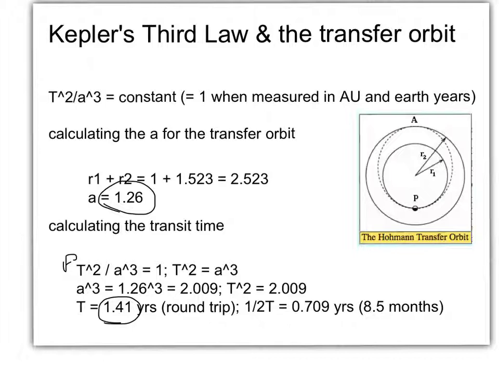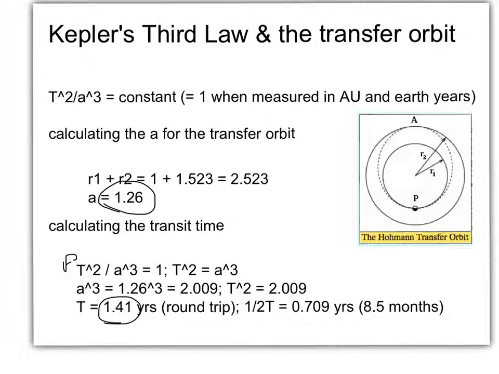So how long is it going to take to get to Mars? Half of that, right? Half of 1.4 is 0.7. So it takes, for this minimum energy transfer, about 8.5 months for a probe to go from Earth to Mars.